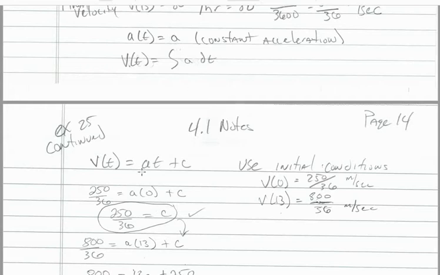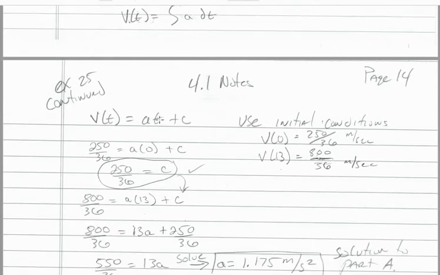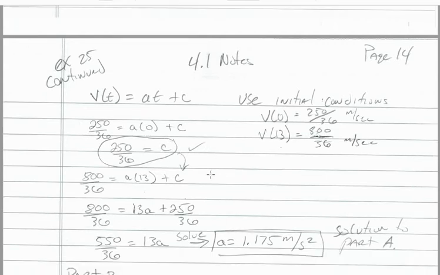The antiderivative of a is just at, because it's with respect to time, and then we have the constant of integration, plus c. So our general solution for velocity with respect to time is at plus c. We're going to use our initial conditions to find out exactly what that c is.